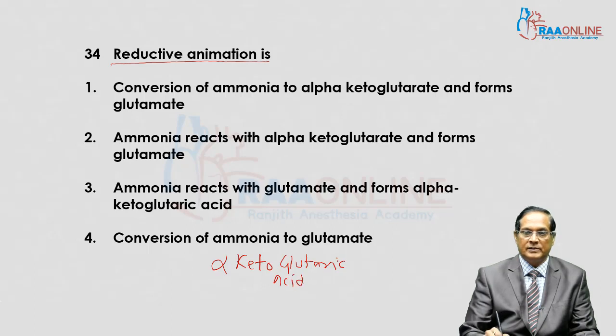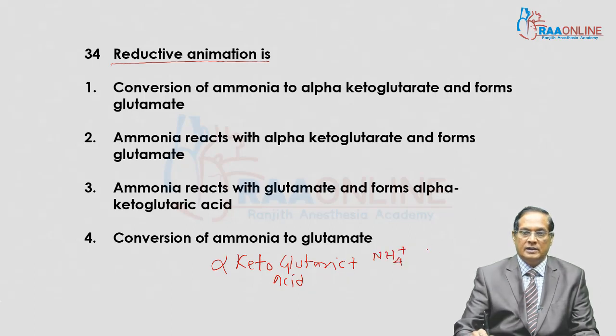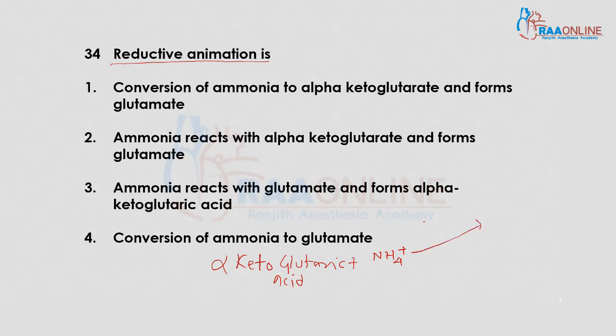This alpha ketoglutaric acid reacts with ammonium ions in presence of the enzyme glutamate dehydrogenase, and forms the amino acid glutamate.